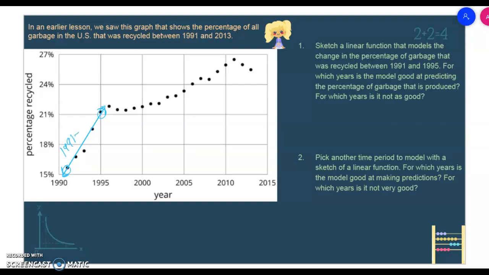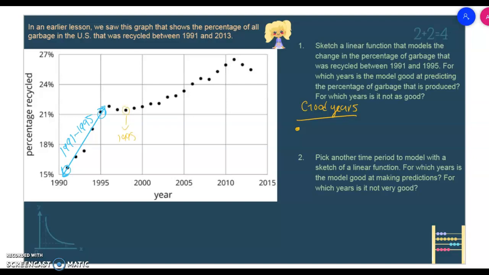So it's 1991 to 1995. And now we're going to see which years is modeling good at predicting the percentage of garbage. So we're going to look at some good years, so some great years to graph. So let's see. If I was going to try to graph something, I would probably choose 95, 96, 97, maybe like 98.